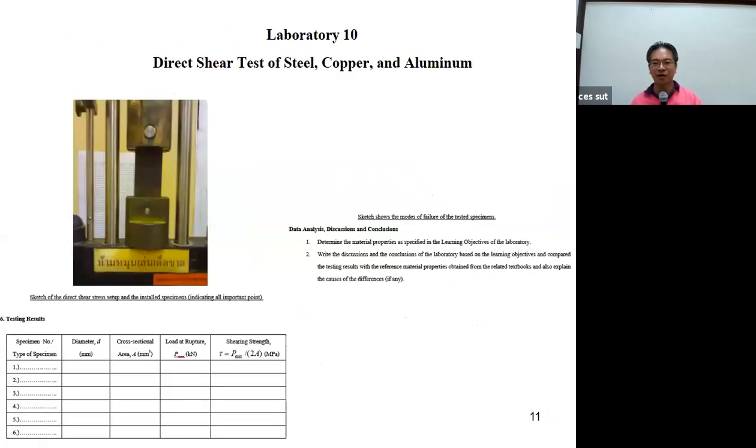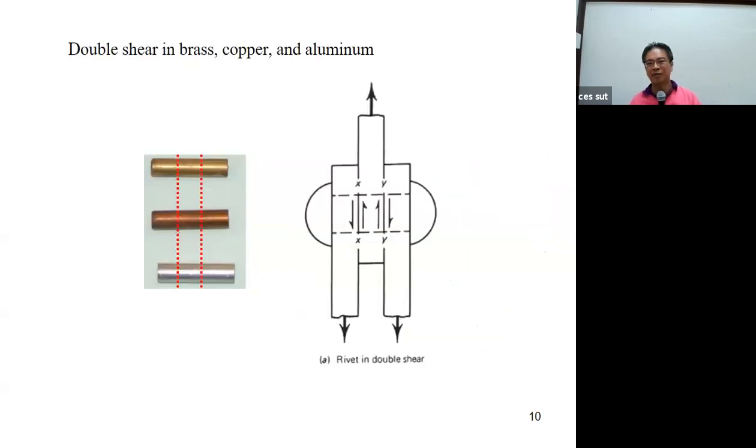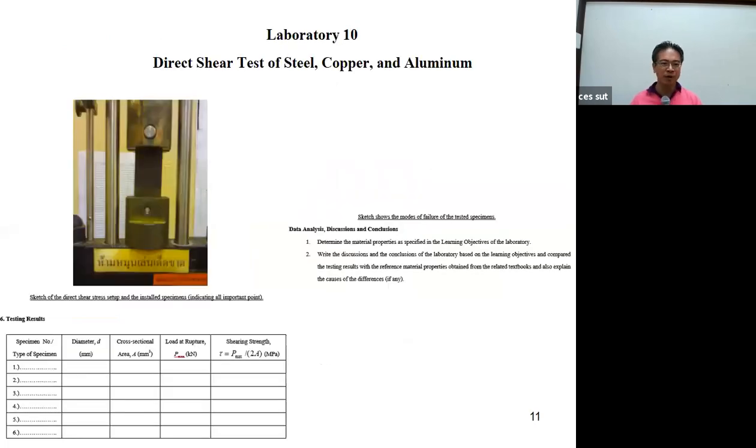For double shear, you also just divide the maximum force: tau equals P max divided by 2, because this is double shear, and then divided by the A average.